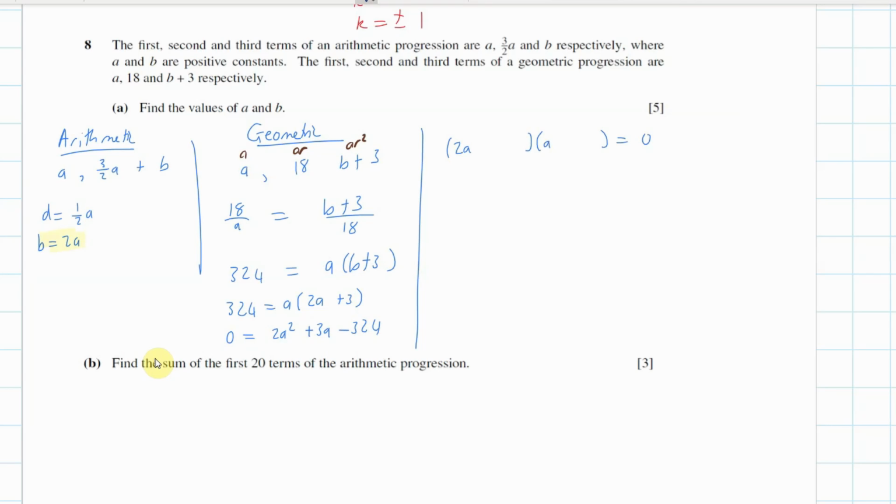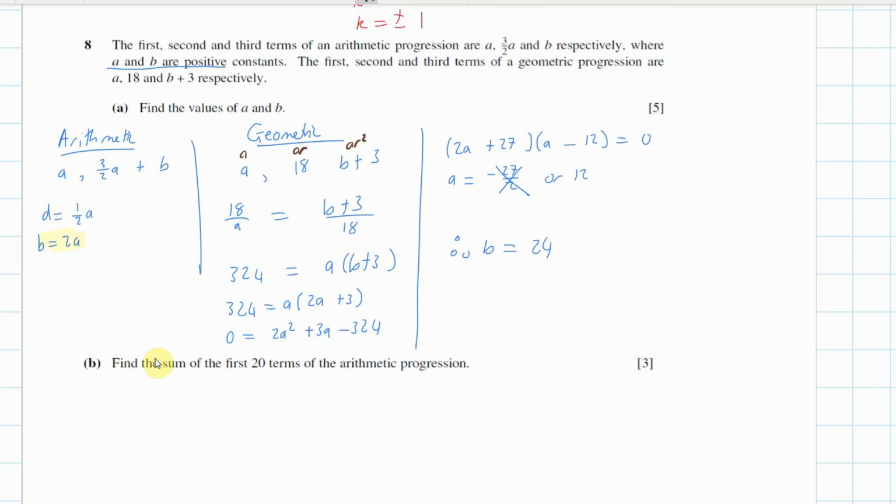I think it was 27 and minus 12, and so a equals negative 27 over 2 or 12, but a and b are positive constants, so we can rule this one out. Therefore b is 24, and we are done.